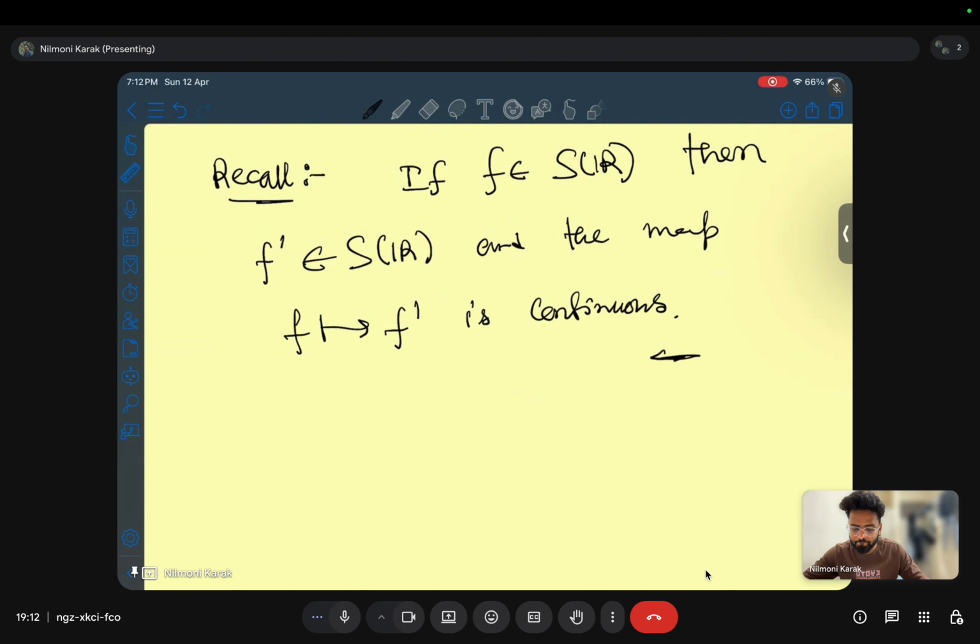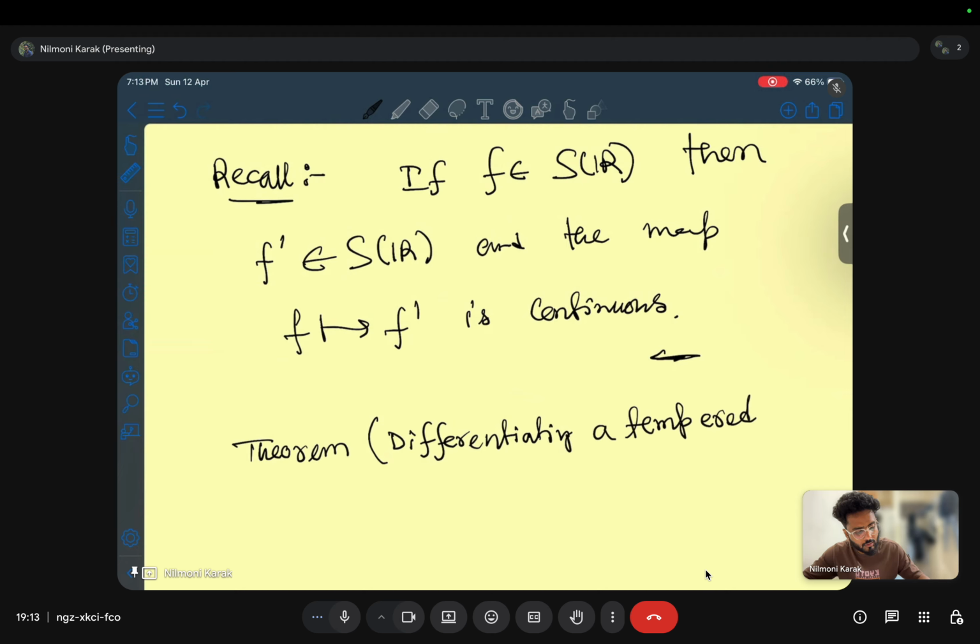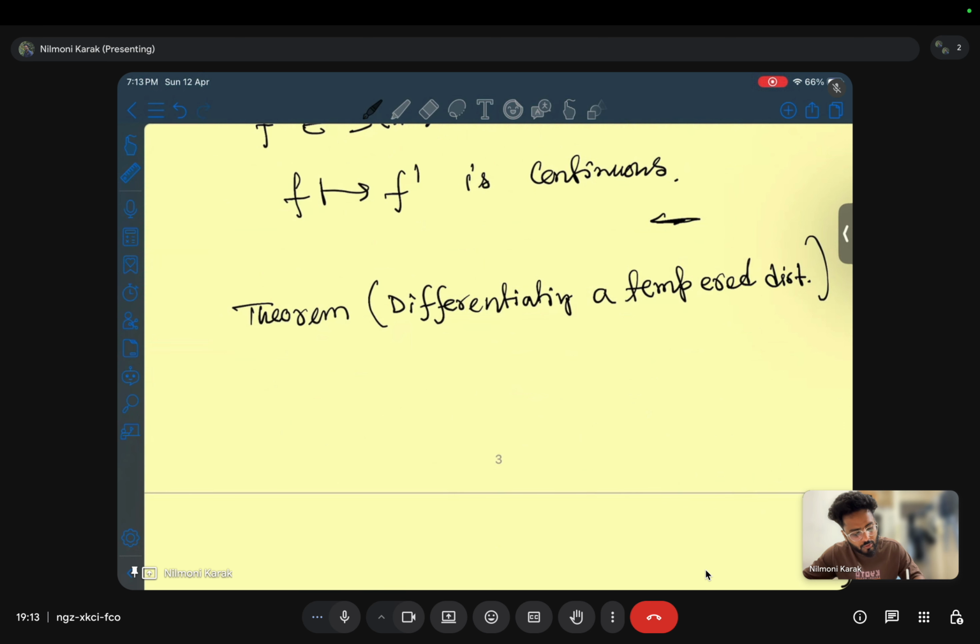Now we studied tempered distributions, but we want to study differentiation of a tempered distribution. Let u be in S'(R).